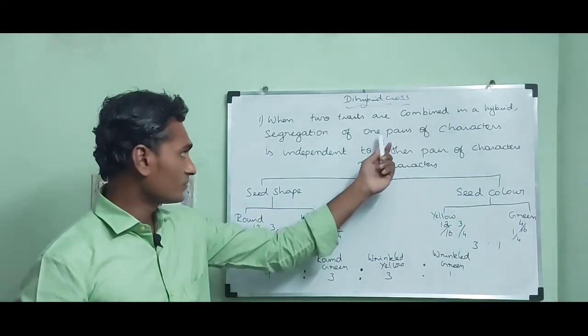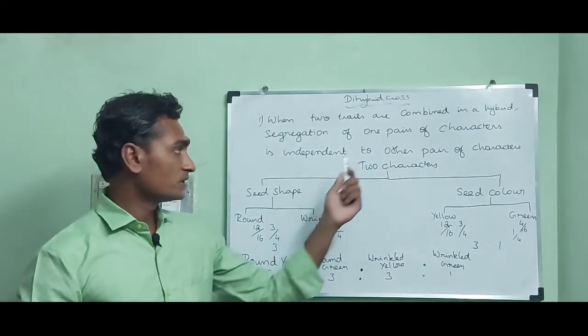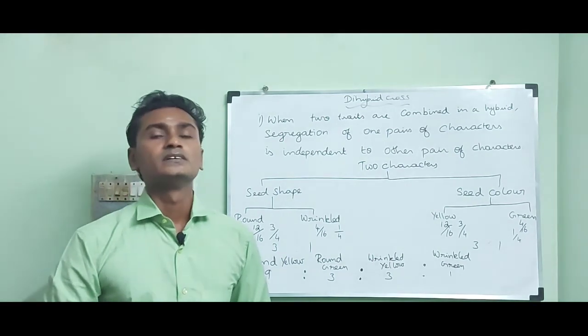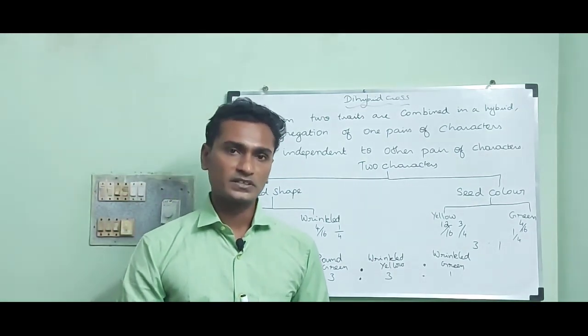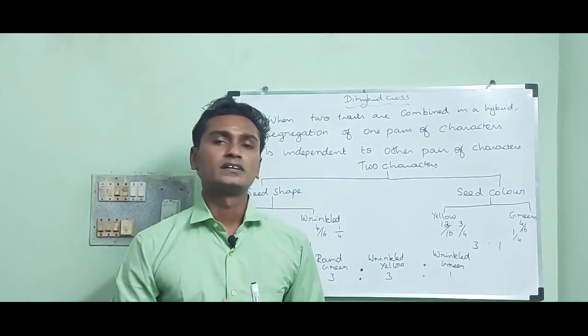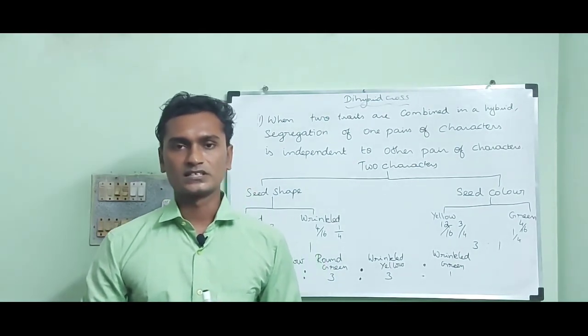One pair of characters is independent from other characters. By that only they can assort independently. This is how Mendel constructed the law of independent assortment.